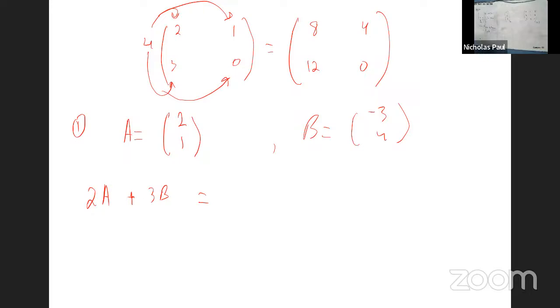Take your time, 2A first, and 3B, and then add. Work out 2A. Forget the question, we'll work out 2A.